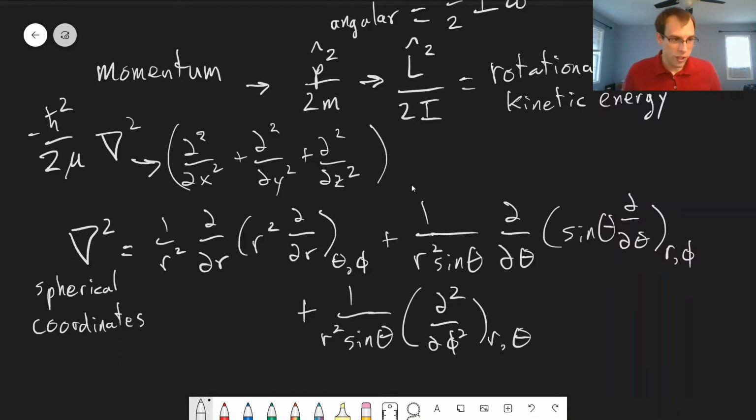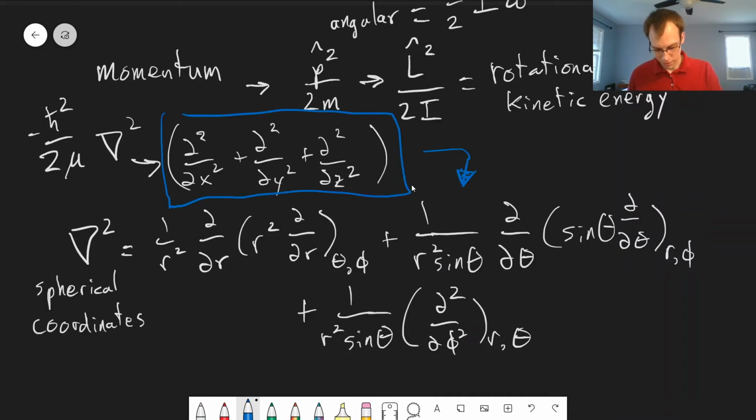This comes from transforming our x, y, z coordinates. Taking this version of the del squared operator and transforming it to spherical coordinates, we get this beast down here.